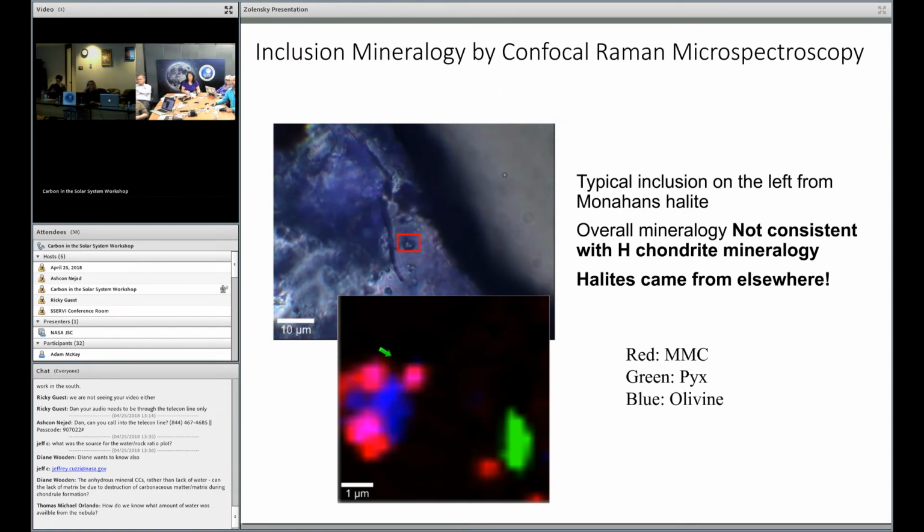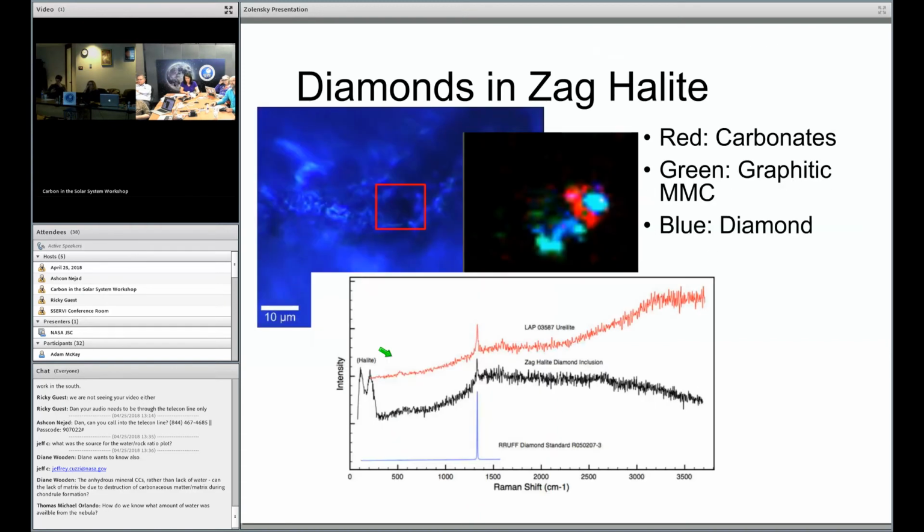So Mark and others have been doing Raman of individual grains of organics and silicates, oxides, whatever, in these halites. Here's one that is macromolecular carbon, for the second time today. Green is pyroxene, blue is olivine grains here in this one little aggregate. These are the size of micrometeorites, basically, in the halite. And wherever you go, you find different things.